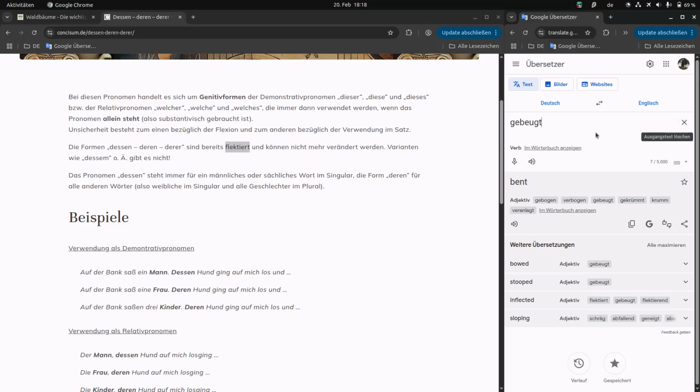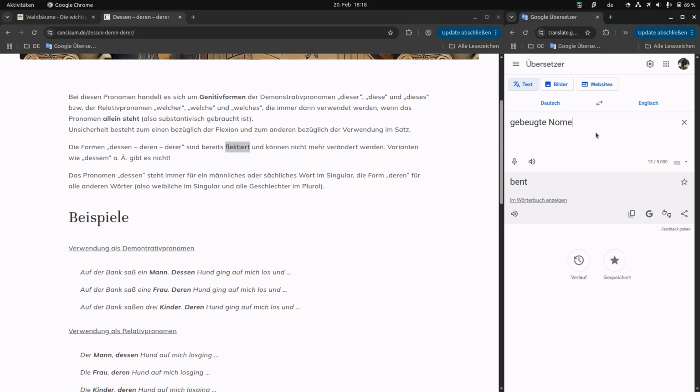"Gebeugte Nomen", inflected, I think this is the way it's called. "Und können nicht mehr verändert werden", and can't be changed anymore in this case. "Varianten wie dessem oder ähnliches gibt es nicht."